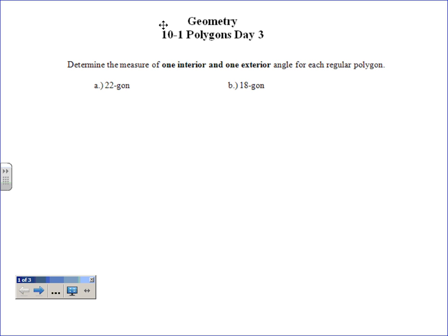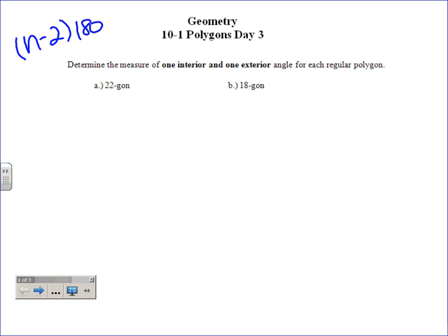Now I'm going to show you a couple ways you could do this. After these first couple, I think you're probably going to go along with my method because it's a lot quicker. What the book really wants you to do is go back to that formula right there, because that formula tells you the sum of the interior, which means all of them.